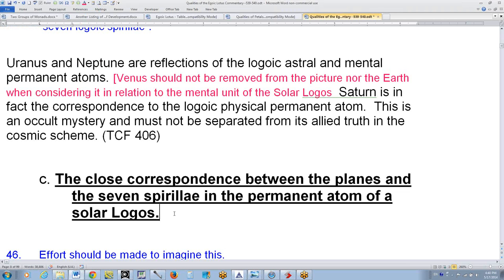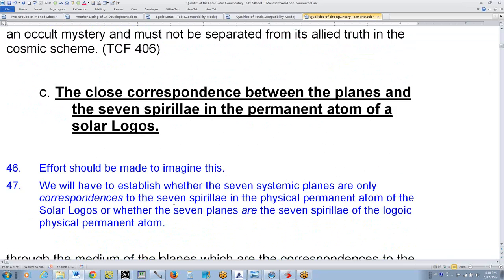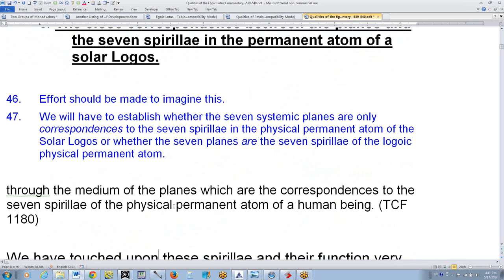So maybe we can imagine this somewhat, and we will have to establish whether the seven systemic planes are only correspondences to the seven spirillae in the physical permanent atom of the solar logos, or whether the seven planes are the seven spirillae of the logoic physical permanent atom. This seems to be taking us far away from the Egoic Lotus, but it is in that section.